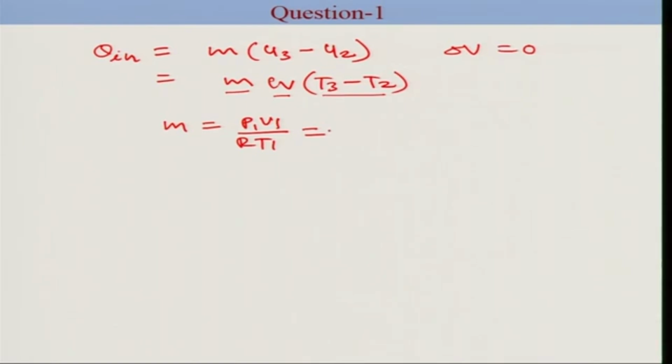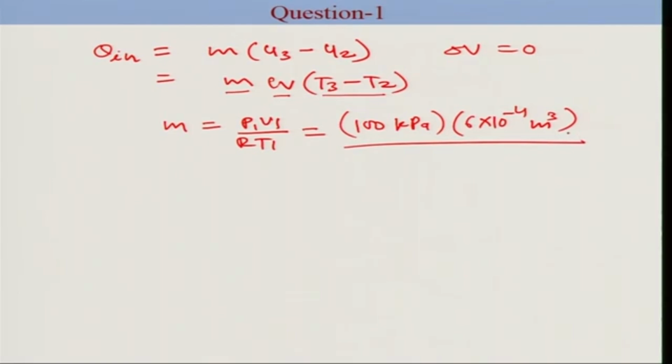After plugging values of these variables, 100 kilopascal for P1, volume given in the question as 6 into 10 to the power minus 4 meter cube, divided by 0.287 kilopascal meter cube per kg Kelvin, and temperature T1, which is 308 Kelvin.